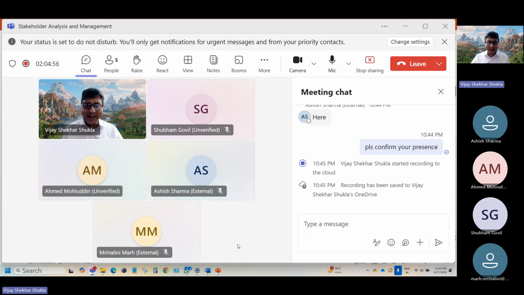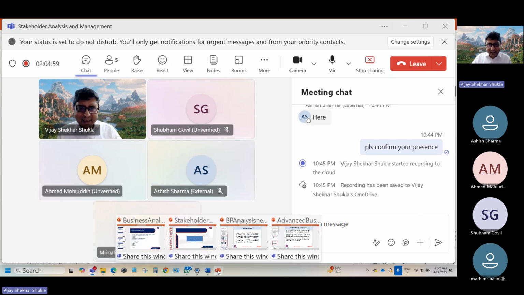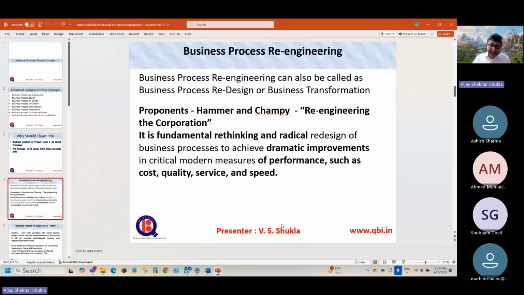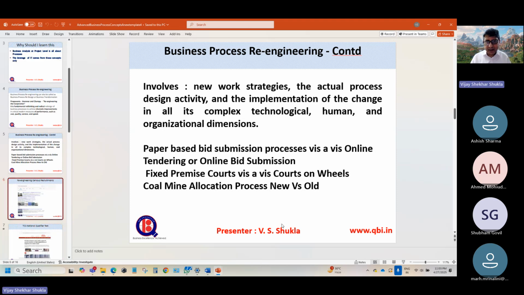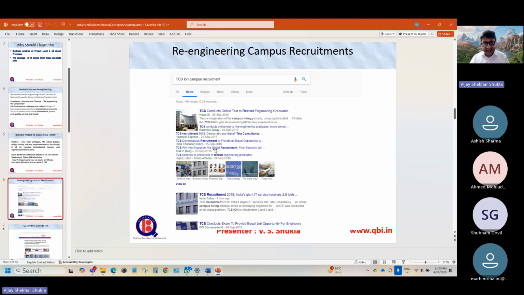So business process reengineering is all about radical change, very different change, which involves new work strategies. You have to think in all the areas: complex, technological, human, and organizational dimensions. Say, for example, some 5-7 years earlier, a company like TCS, Tata Consultancy Services, was conducting campus placements for their recruits.